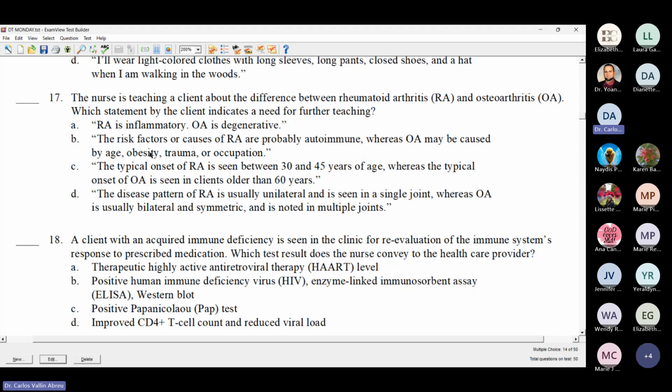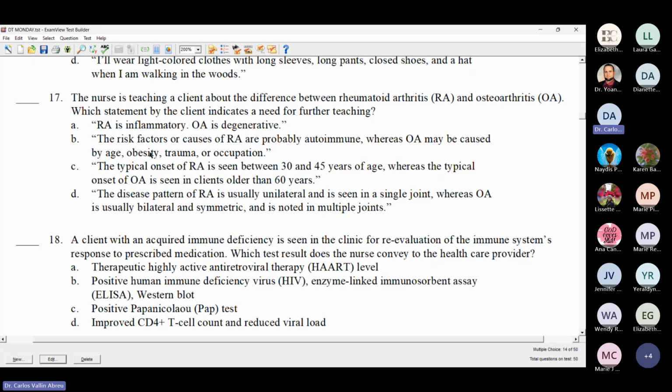And my most affected hand is my right hand and my right wrist. Probably because they are the ones that I use more because I'm right-handed. You understand? So it is wrong. Osteoarthritis is asymmetric and rheumatoid arthritis is symmetric. So all the contrary, okay?